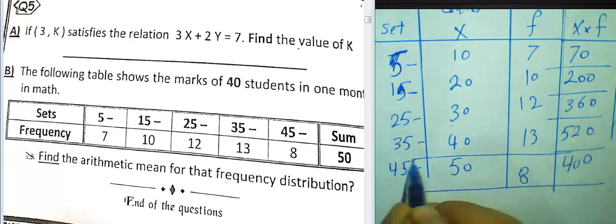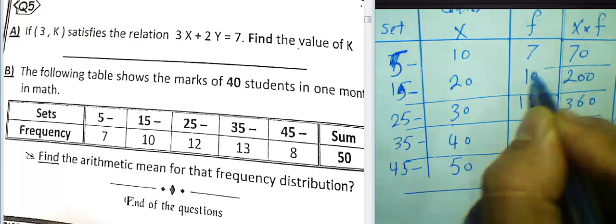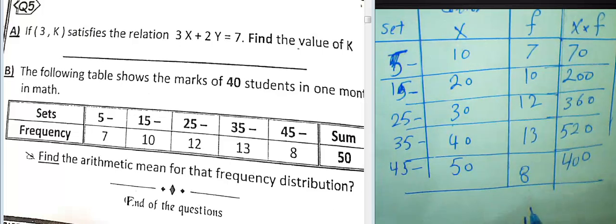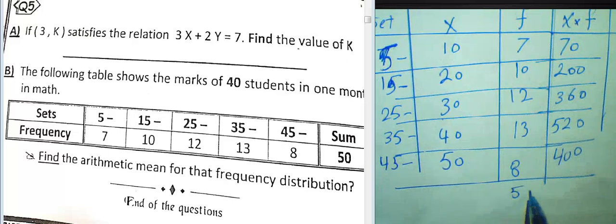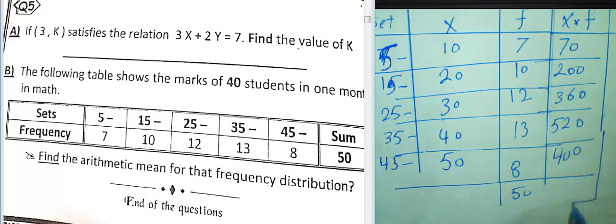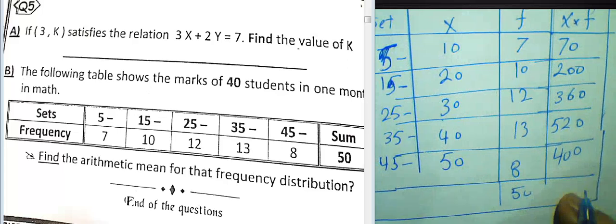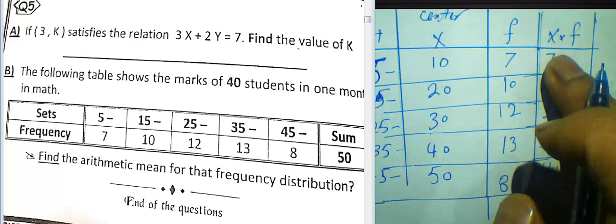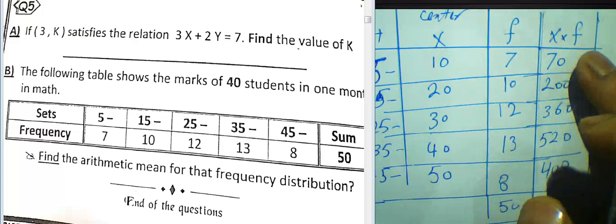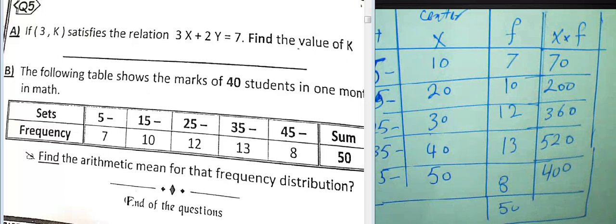We can find the sum of all frequencies. He gave us the sum of frequency equals 50, and you must find the sum of all numbers here for x times f, center of the set multiplied by frequency.